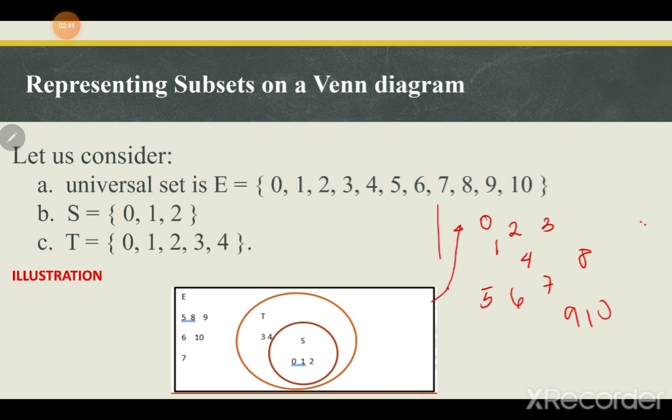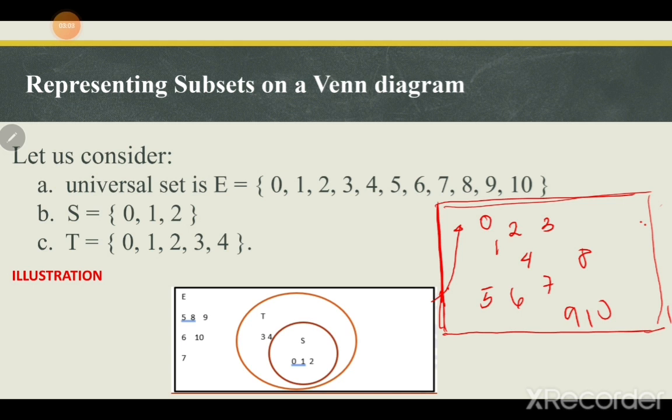When I say universal, it is true to all sets, to all subsets. We can say that a set is within the universal set when it can be found in your universal set, like your set S.